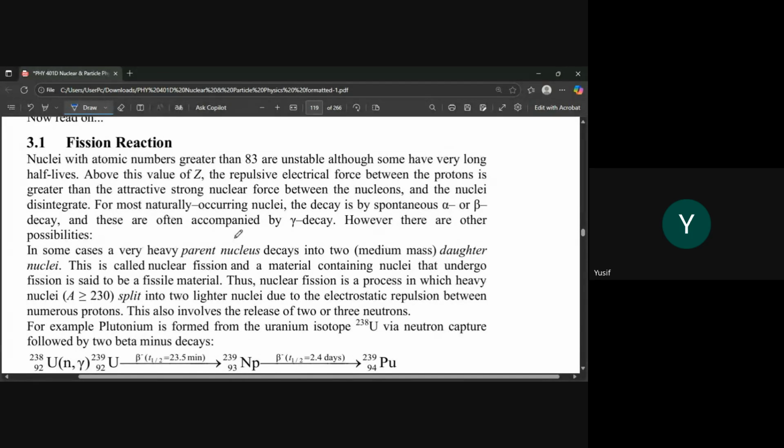So fission means trying to break things into smaller particles. Fission means breaking something into smaller particles. So nuclear fission is the splitting of a heavy nucleus into smaller nuclei.